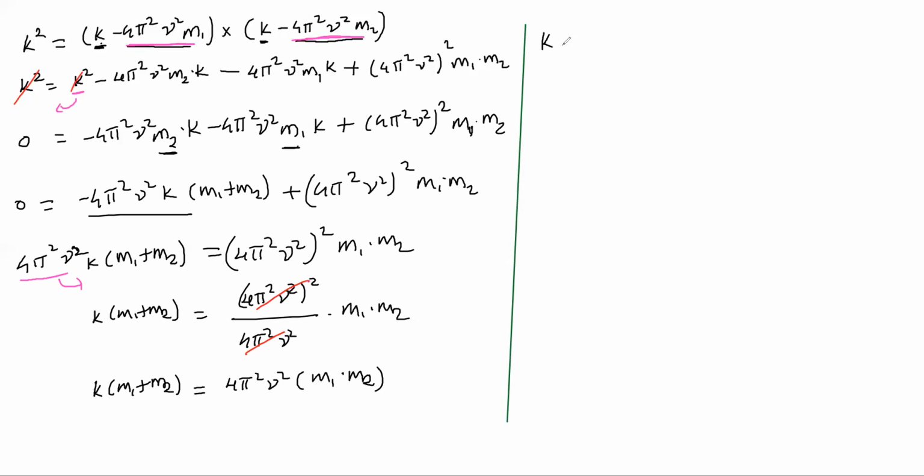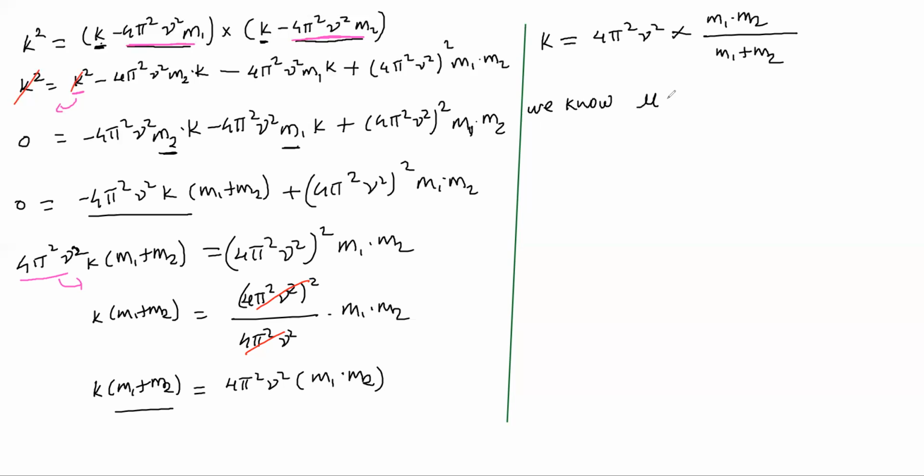That means we can find the value of k is equal to 4 pi square mu square, and this term will be shifted to the right hand side of the equation, into m1 times m2 divided by m1 plus m2. As we know the formula of reduced mass, that is mu, you already know the formula of reduced mass. Just put the value of mu here.